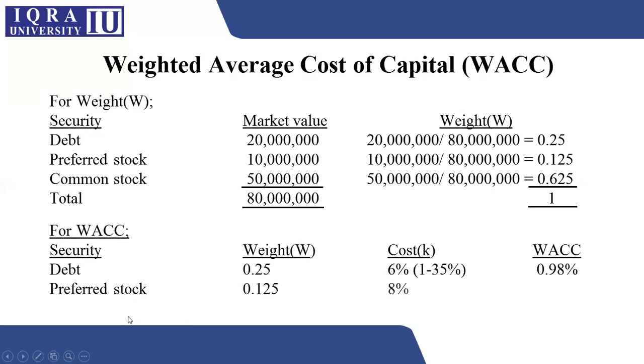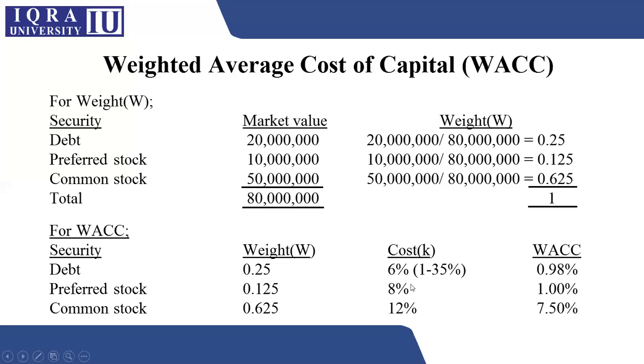Once you take these components, carefully see that the weight you calculated over here is coming here. Cost of debt, preferred and common equity is given, and as I discussed earlier, the tax rate is only deducted from the cost of debt. So you will take this 6% and multiply it by 0.65 to calculate the after-tax cost of debt, and the respective rate is given over here.